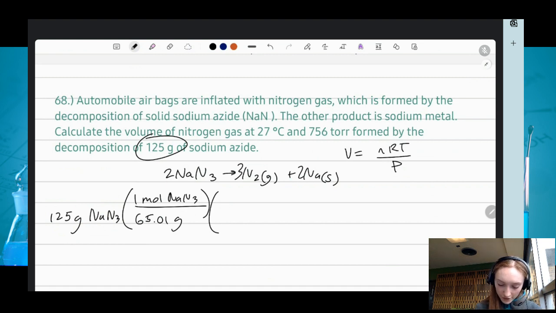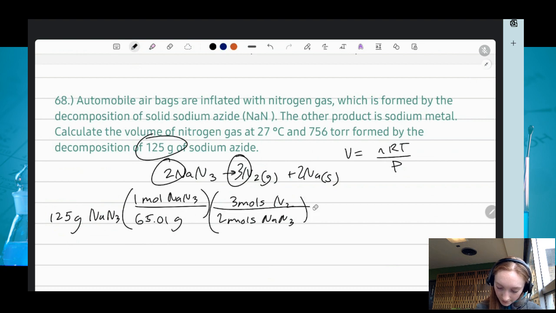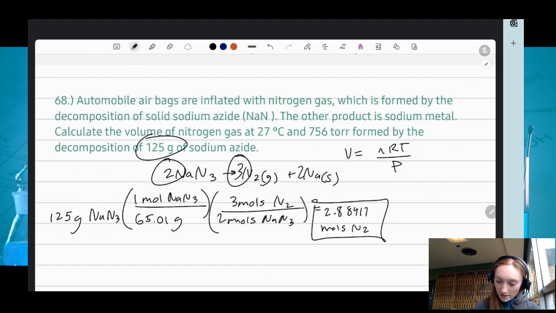And so for every 2 moles of NaN3, 3 moles of N2 will be produced. And we will get an answer of 2.88417 moles of N2.